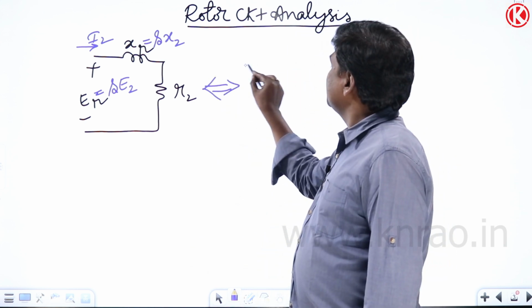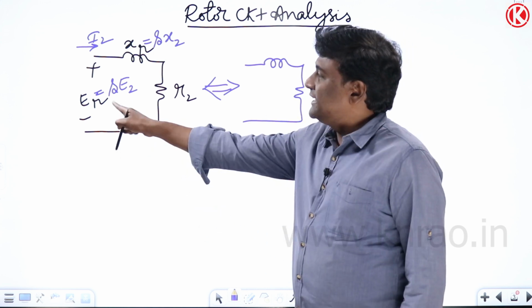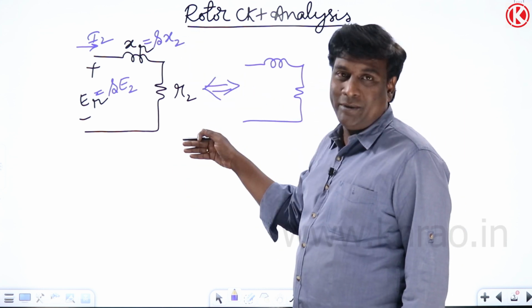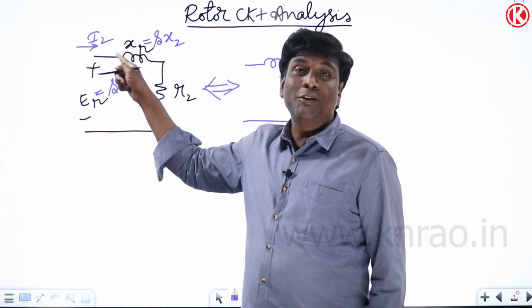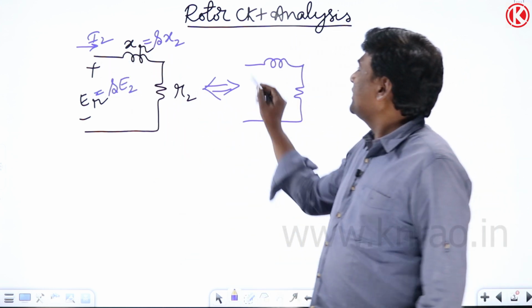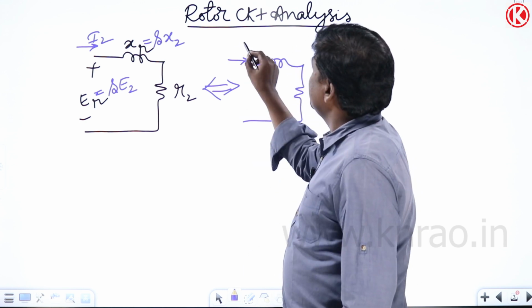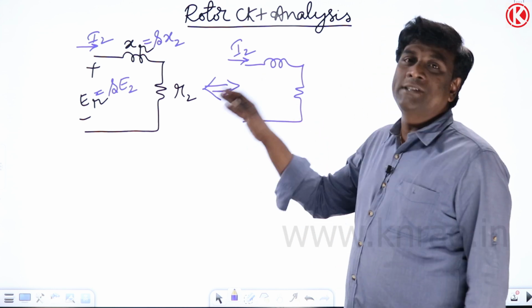Now equivalently we can transform this by dividing by S. If I do that, impedance is going to be divided by S and induced voltage is going to be divided by S, such that the same magnitude of rotor current has to be there. Everything is referred to the stator side.